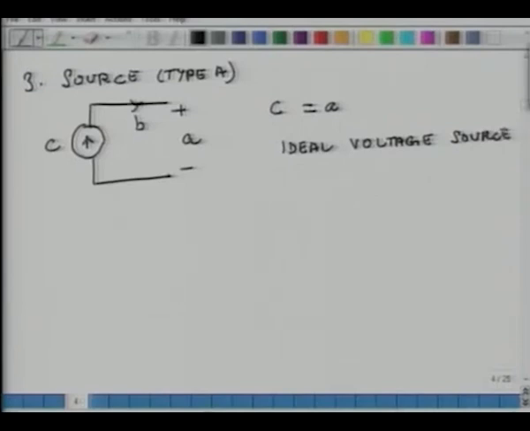That is, its internal resistance is virtually 0. No, I think I wrote it incorrectly. Yeah, because there's an arrow here. So this should be an ideal current source.